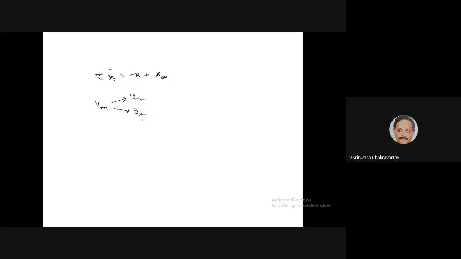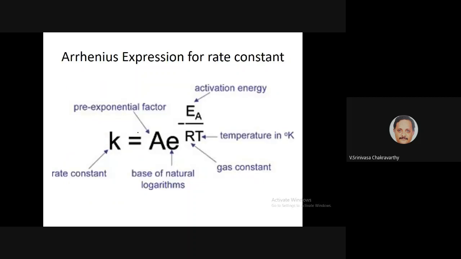The x's in turn depend on these two quantities, tau and x infinity. So the problem of determining how voltage controls GNA and GK now becomes the problem of determining how voltage controls x infinity and tau. Let us see that.